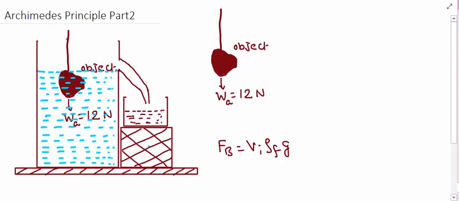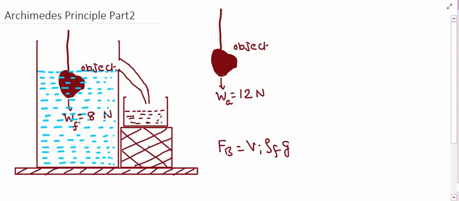Let us say I use a spring balance attached to this string and find the weight of this object inside water. It will not be 12 newtons anymore. I will call it WF, the weight of the object inside the fluid, and it might turn out to be 8 Newton, let us say.